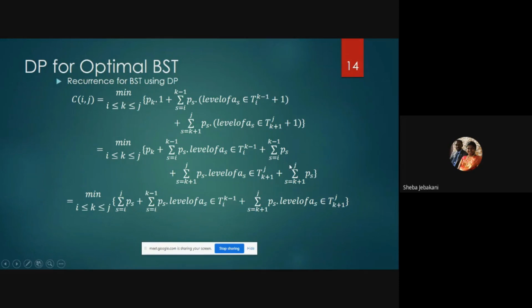So when I'm adding that pk as well, I can tell that sigma s of I to k minus 1 ps plus pk plus sigma s equal to k plus 1 to j ps, the entire thing I can put as sigma s of I to j ps. So this entire thing takes care of these three values, and these two I am keeping as they are. This is left subtree comparisons, right subtree comparisons.